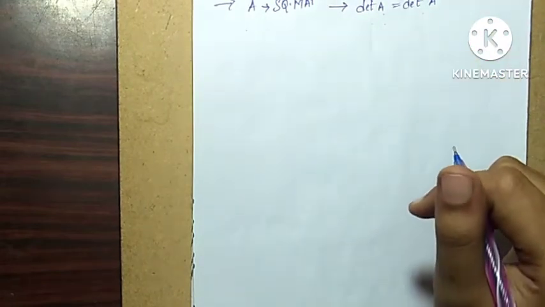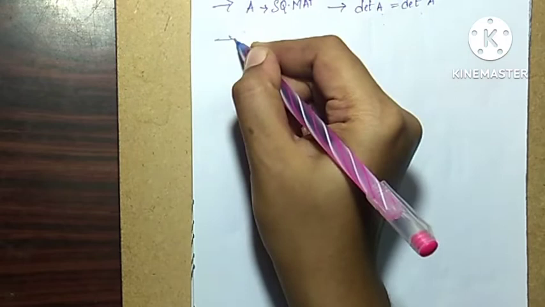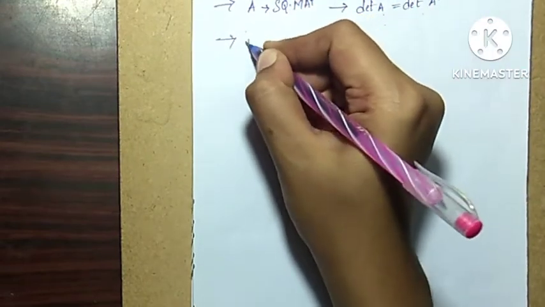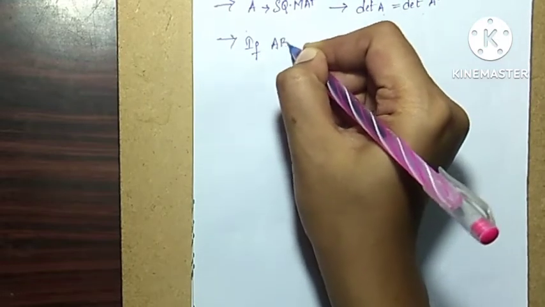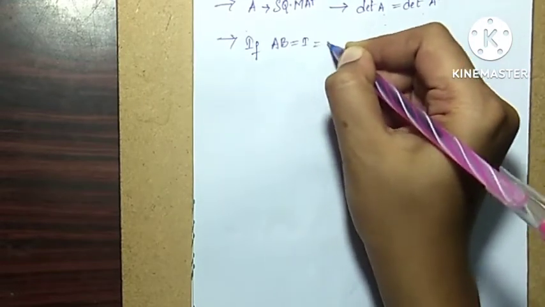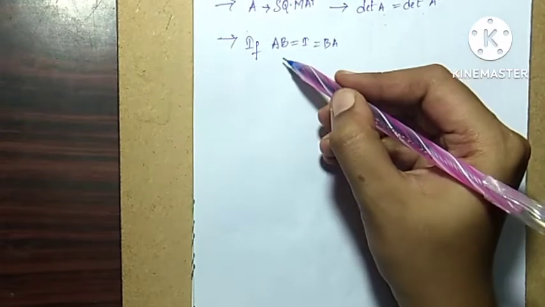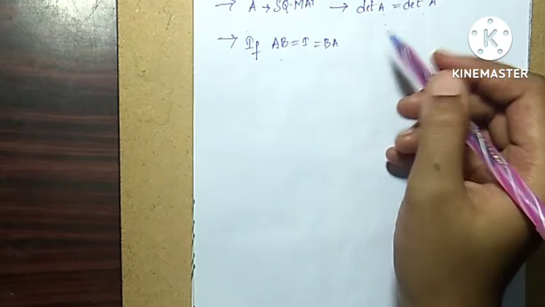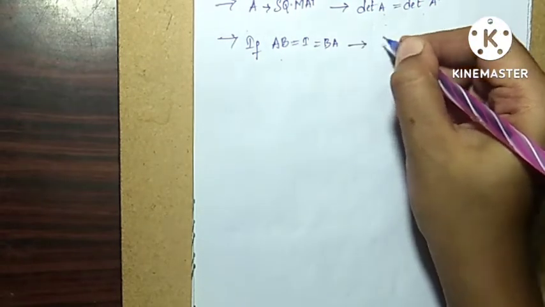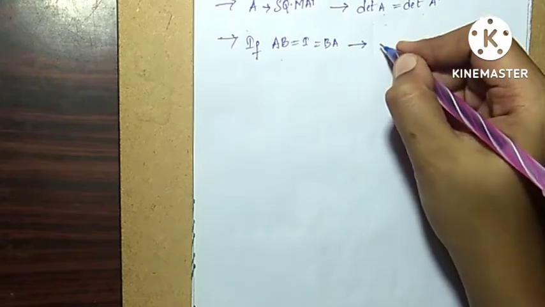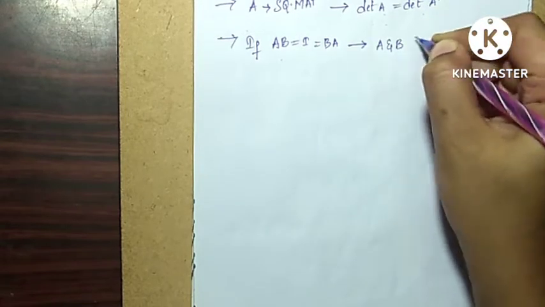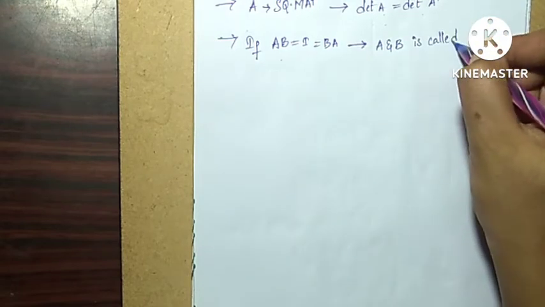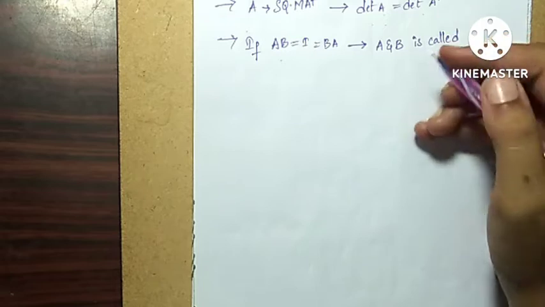Okay, this is our next point. Now we will jump to another point, which is: if AB is equal to I and that equals BA, then the condition is A and B are called inverses of each other.